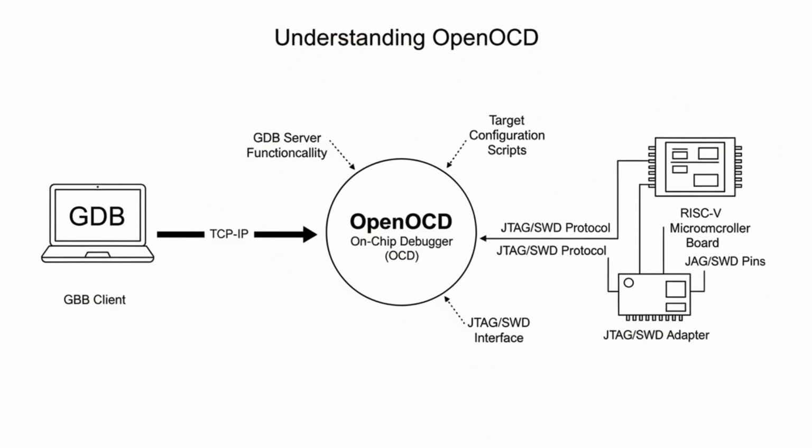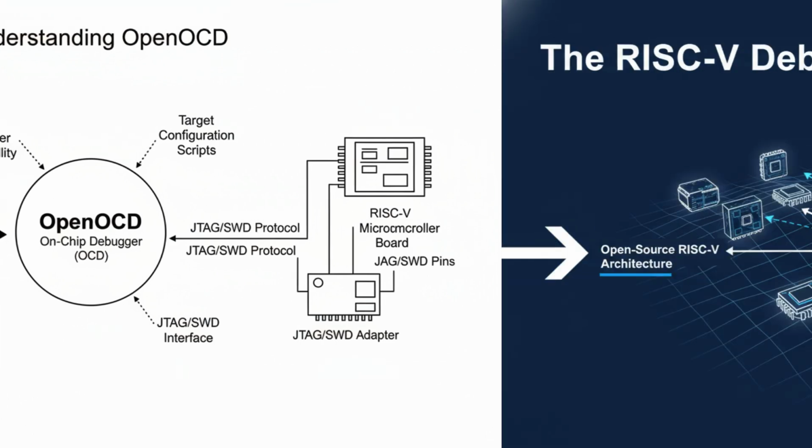It does this by implementing a GDB server, allowing GDB to connect to it. OpenOCD then uses a JTAG or SWD interface to communicate with the debug capabilities of your microcontroller. The behavior of OpenOCD is highly configurable through a set of target configuration scripts, allowing it to support a vast array of microcontrollers and debug adapters.